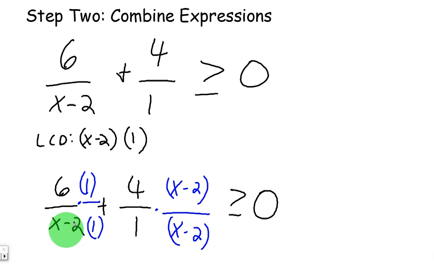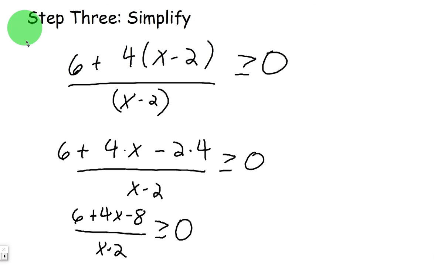So when we do that, let's be careful here, folks. We have a common denominator of x minus 2. So all this can become one denominator of x minus 2. And now my numerator is going to be what? 6 plus 4 times x minus 2. Just like that. So what I'm going to do now, I'm going to distribute that 4. I like to show things when I can, so I'm going to multiply the 4 into both of those.